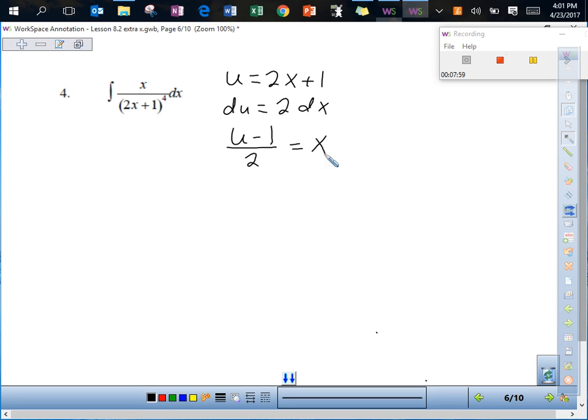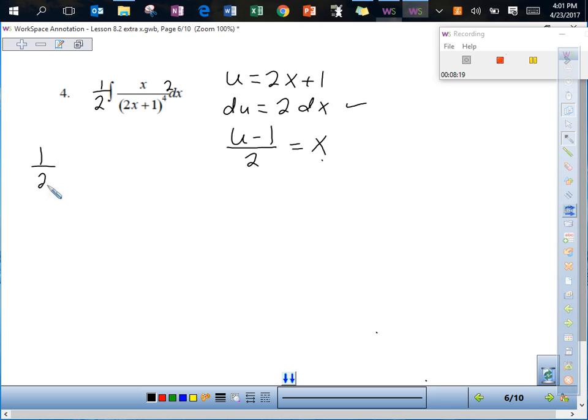Now be careful when we sub and everything. Let's take care of this. I need to see a 2 dx and I don't. So I'm going to introduce a 2, which means I need to offset that by 1/2. So I've taken care of that part. Now let's sub everything in.